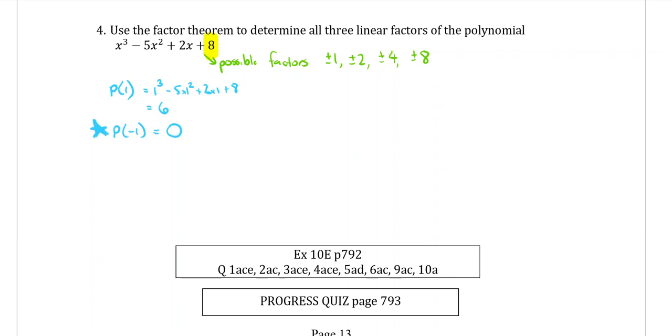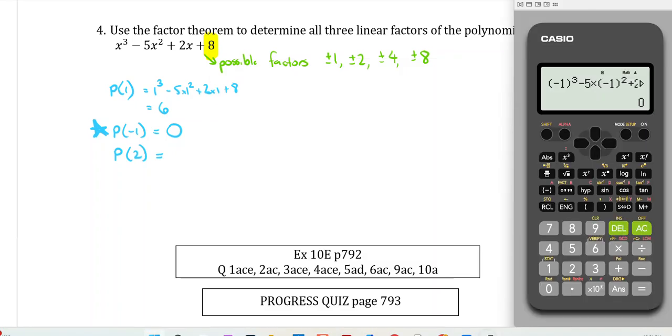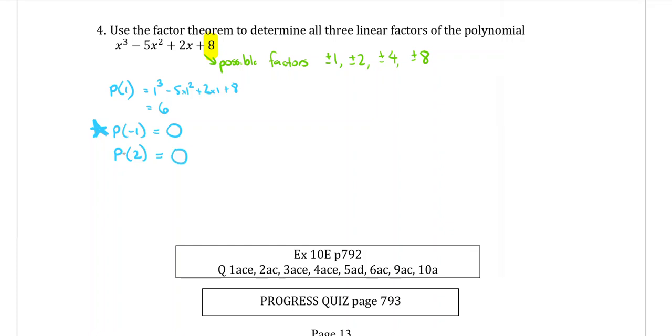Okay, let's keep trying. We could go to the next one, which is p of 2. Go back to the calculator and change all those negative ones into 2's. That also equals 0, so I've found another factor.